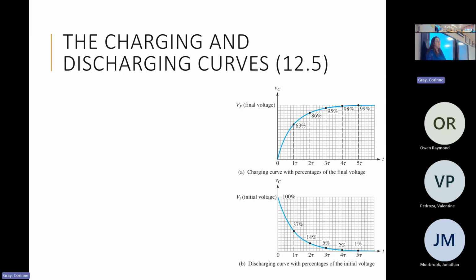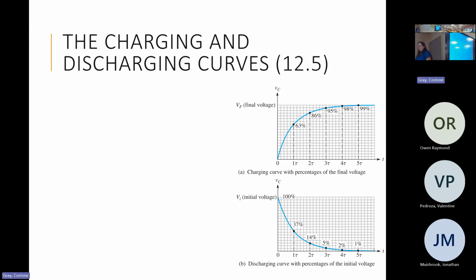Down here on the bottom, this is our discharging versus charging one. Here we're charging our parallel plate capacitor. Here we are discharging it. Again, we have our voltage as a function of time, where we are representing that time with time constants.